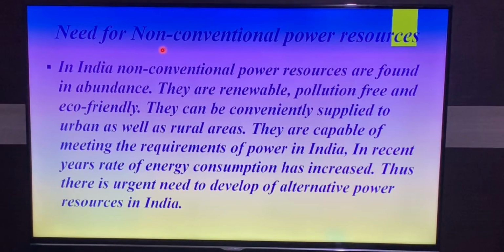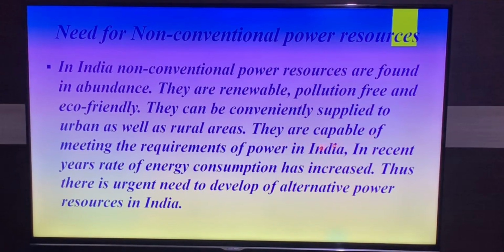Need for non-conventional power resources. In India, non-conventional power resources are found in abundance. They are renewable, pollution-free and eco-friendly. They can be conveniently supplied to urban as well as rural areas.